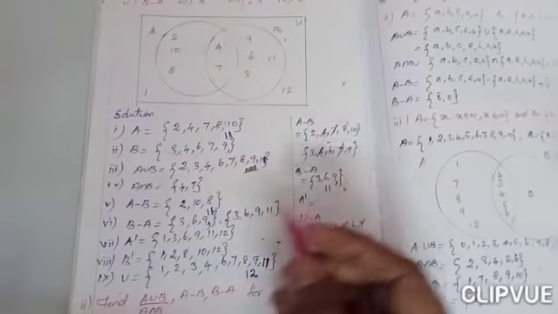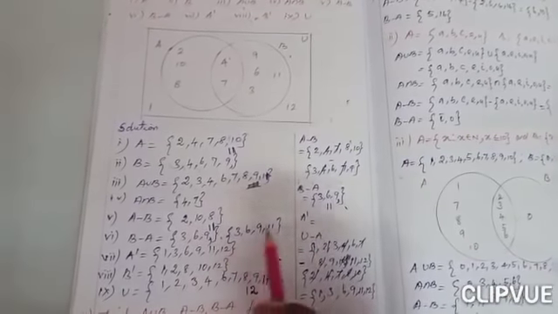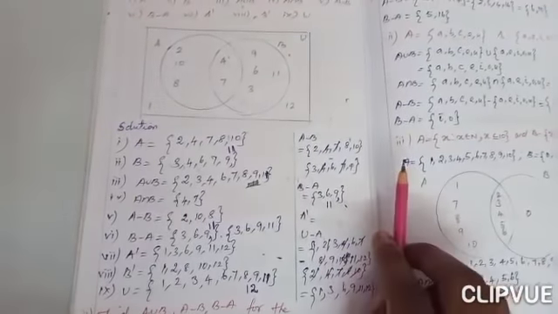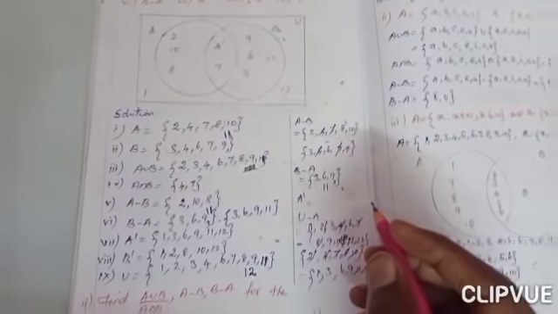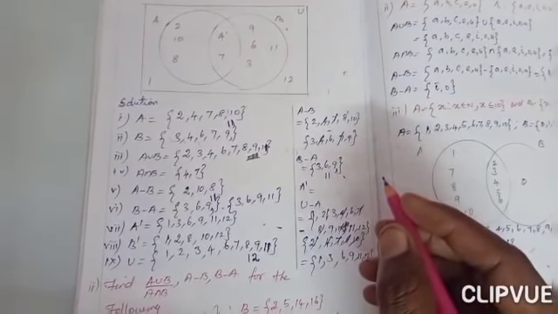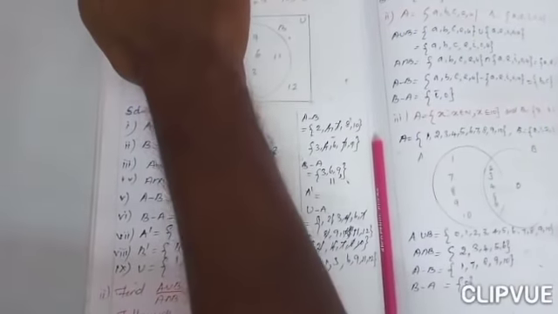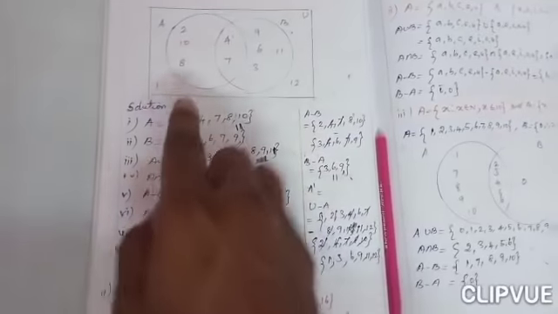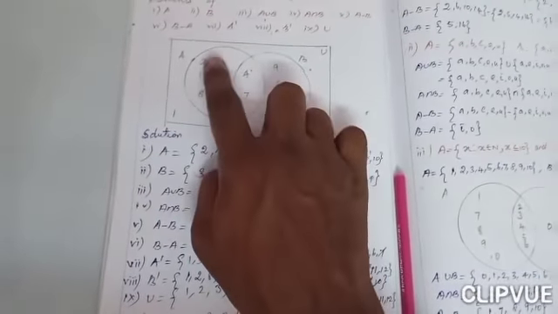After that, we are going to write A dash and B dash. This A dash case is very simple. We are subtracting the elements of A from the universal set. At that time we have to hide this circle A. That means you should not take the elements 4, 7, 2, 10, 8.